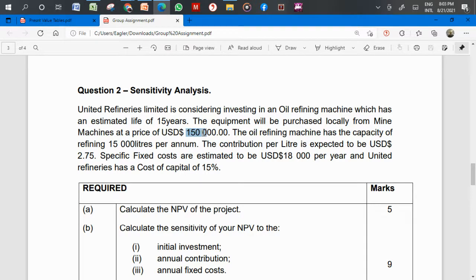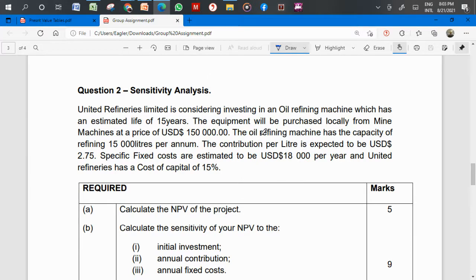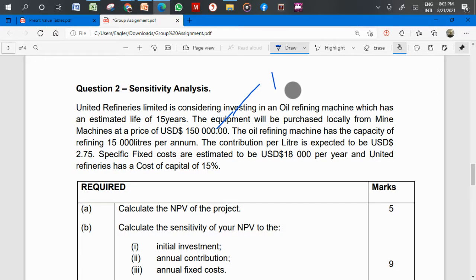So this one should be changed to 120, because if it is 150, it's going to give us a negative NPV, and the sensitivity analysis will not make sense.